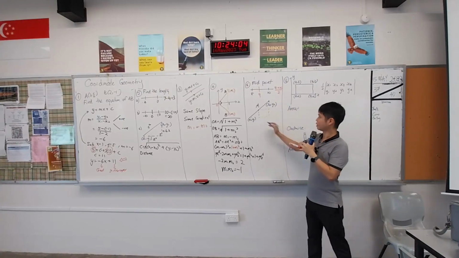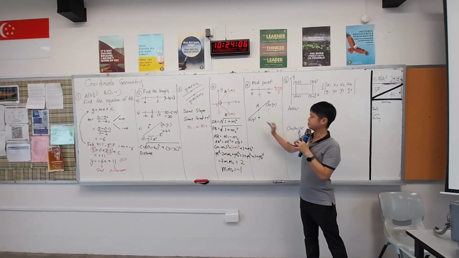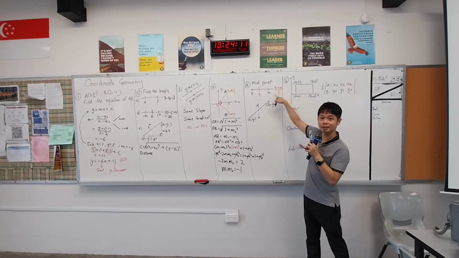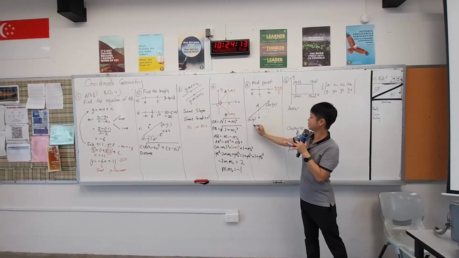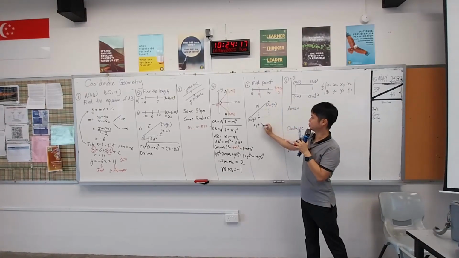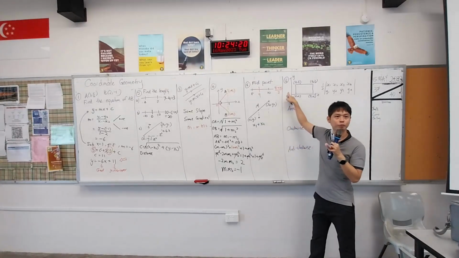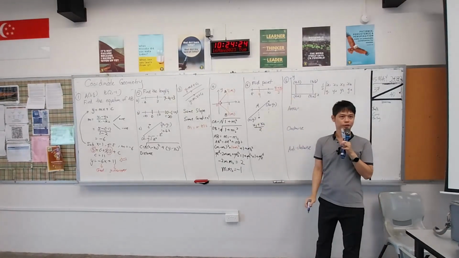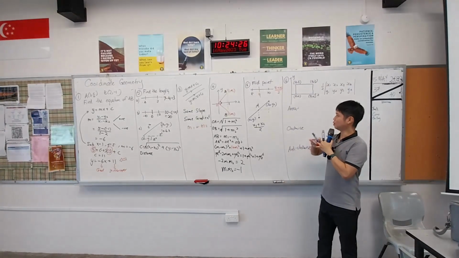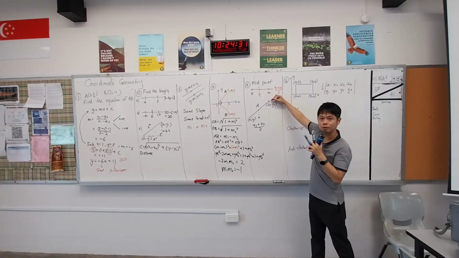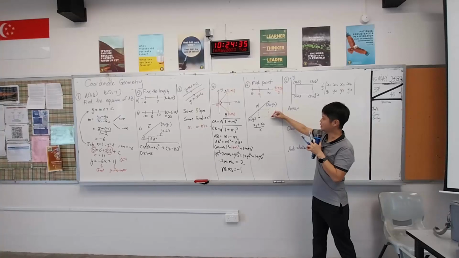Now, what is this point here? You remember our plus, right? So I'll take x1 plus x2, and then remember I have to divide by 2. Now, for the y coordinates, I'll take y2 plus y1.